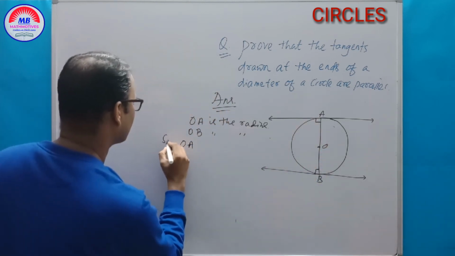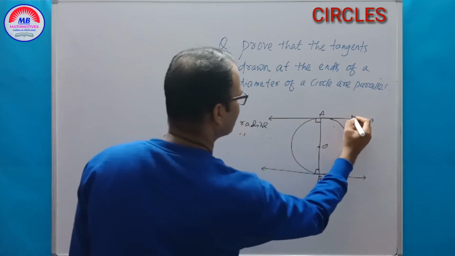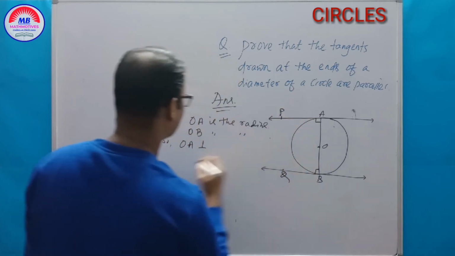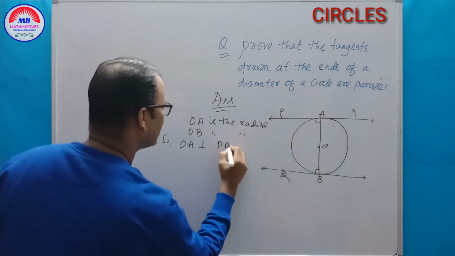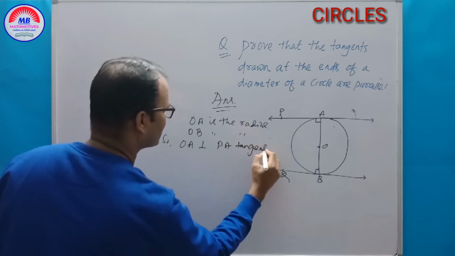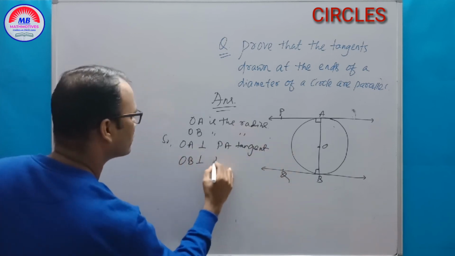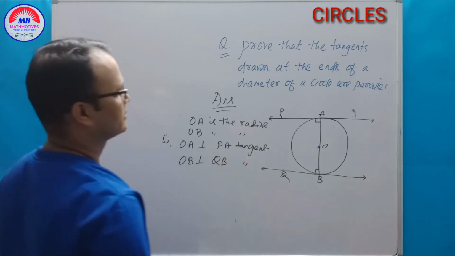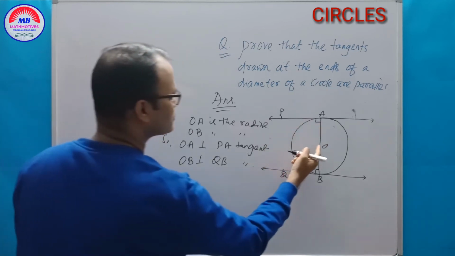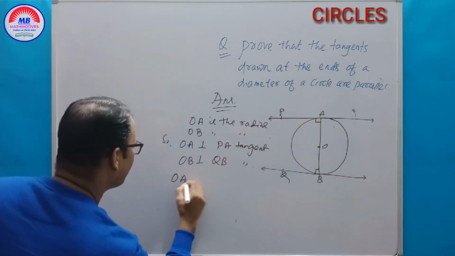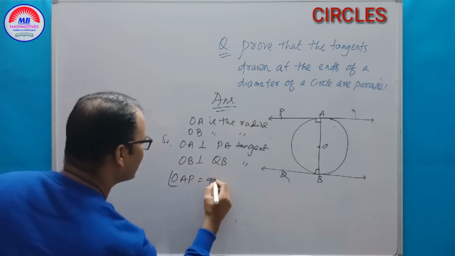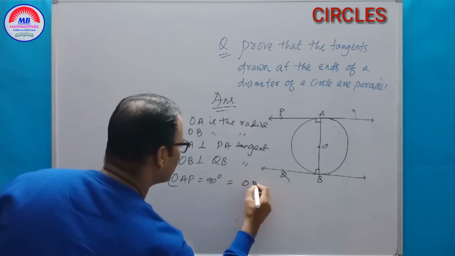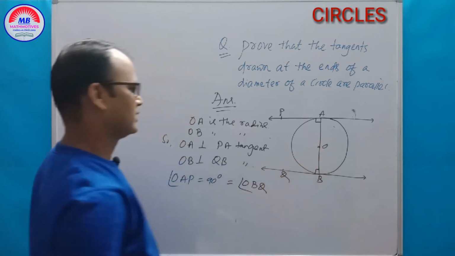So OA is perpendicular to the tangent, let the tangents be PA and QB. OA is perpendicular to tangent PA. Similarly, OB is perpendicular to tangent QB. So perpendicular is 90 degree. So angle OAP equal to 90 degree, and angle OBQ is also 90 degree.